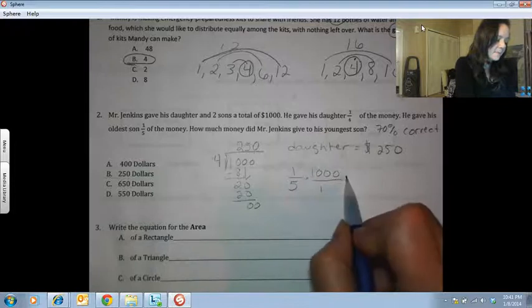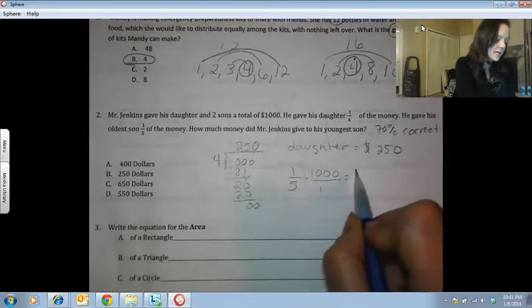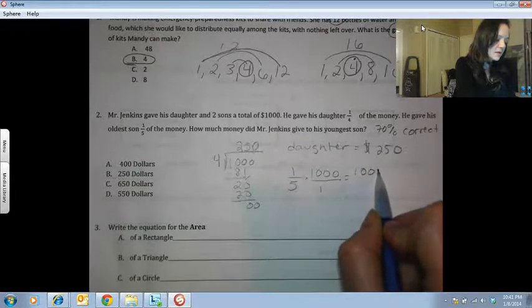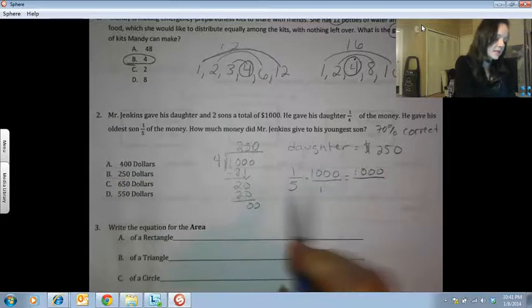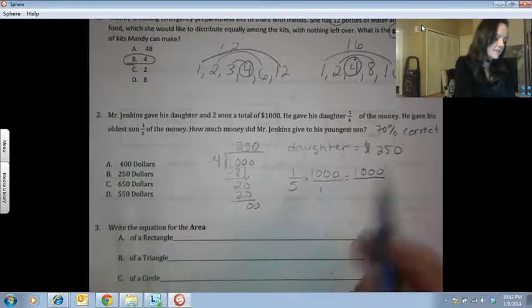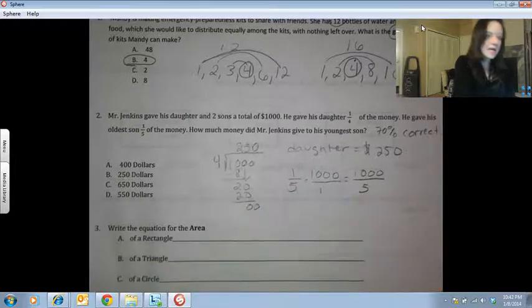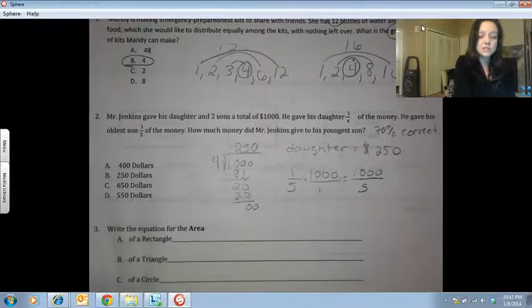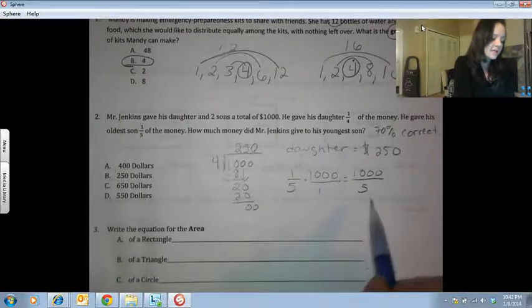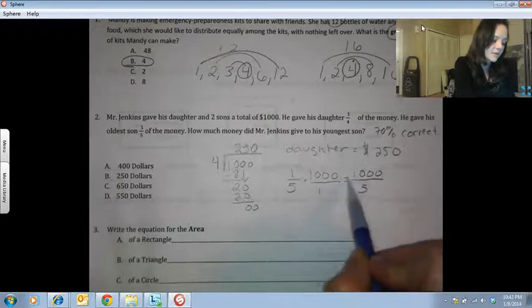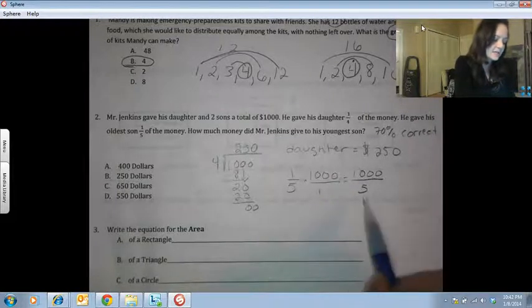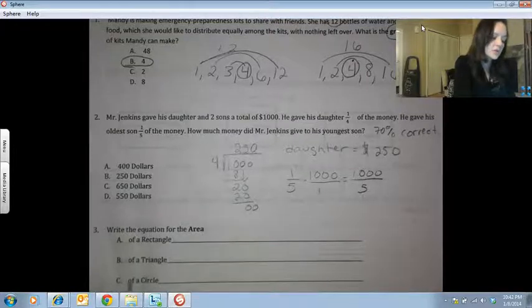So 1,000 times 1 here is 1,000. On the numerator, remember 5 times 1 is 5. Okay, but it's an improper fraction, so we're still going to have to do that division. How many times can 5 go into 1,000? And that answer is going to be 200.